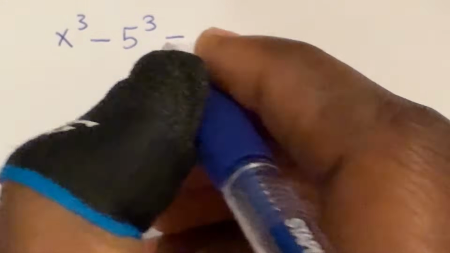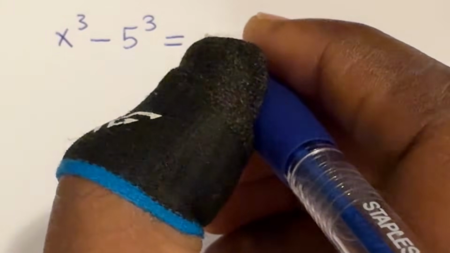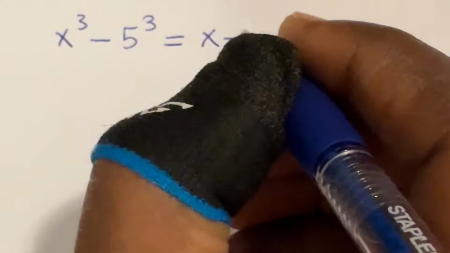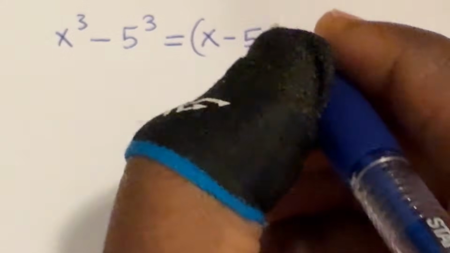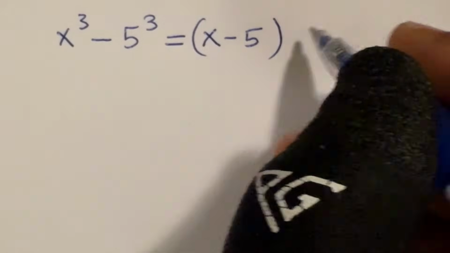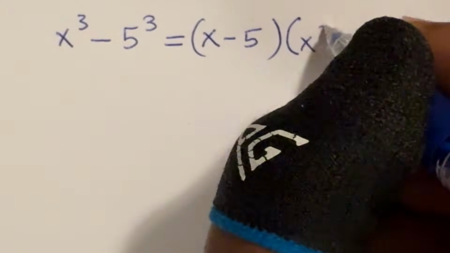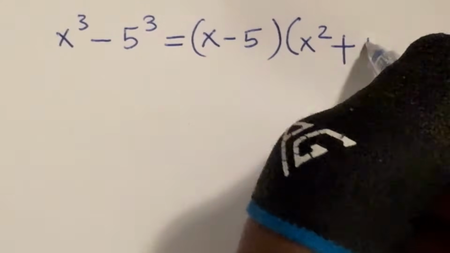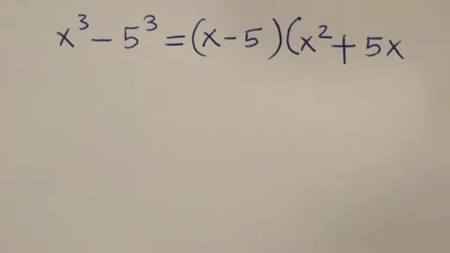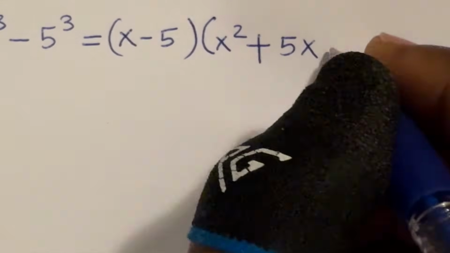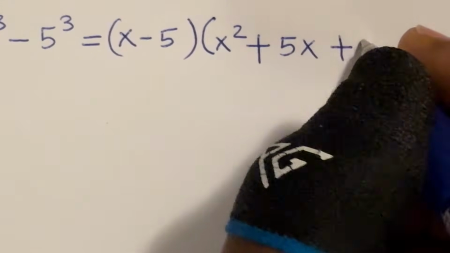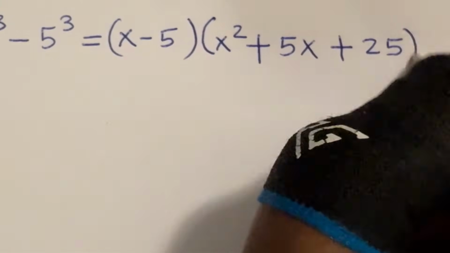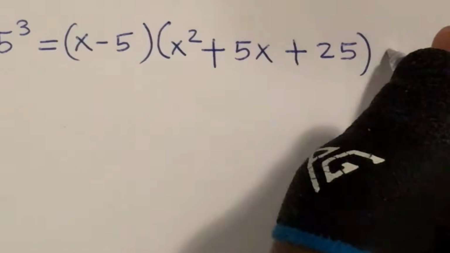And by the expression we saw earlier, this is going to be x minus 5 times x squared plus 5x plus 25, which is 5 squared. And then we equate that to 0.